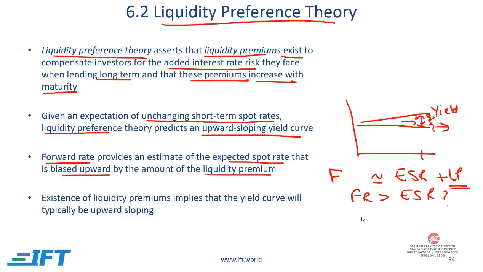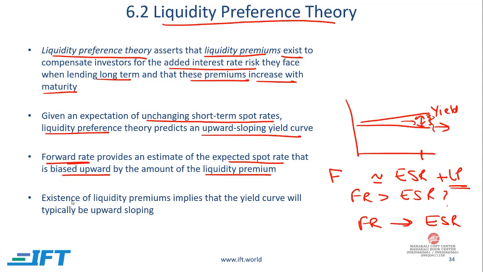So how is this different from what the pure expectations theory says? I hope you got that right. According to the pure expectations theory, the forward rate is an unbiased predictor of the expected future spot rate. So in that sense, the liquidity preference theory is saying something different.